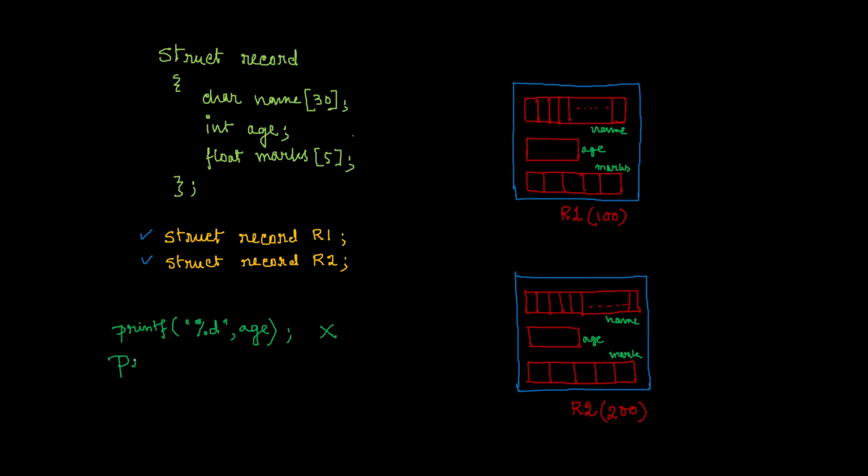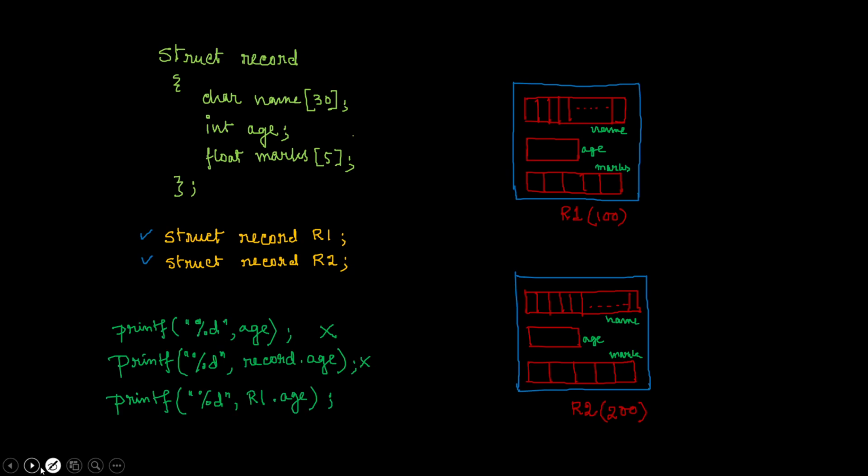If you write printf %d record dot age, it is also wrong. If you want to access a particular variable of some structure, we have to use it with respect to its instance name. So it should be R1 dot age, something like this.